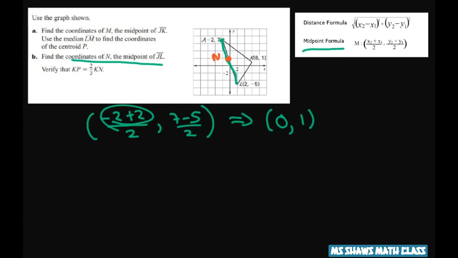So now we're going to go to KP. Now remember, P was right here, and what was that point? 2, 1. And we want to verify, I'm going to draw the median here.